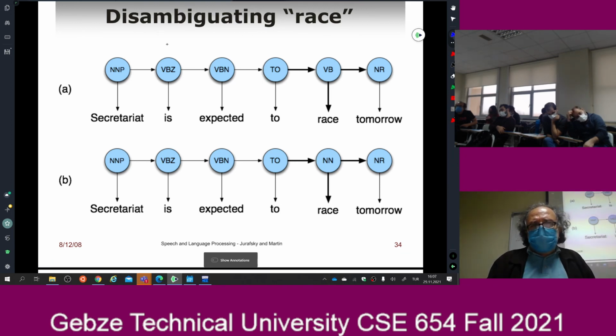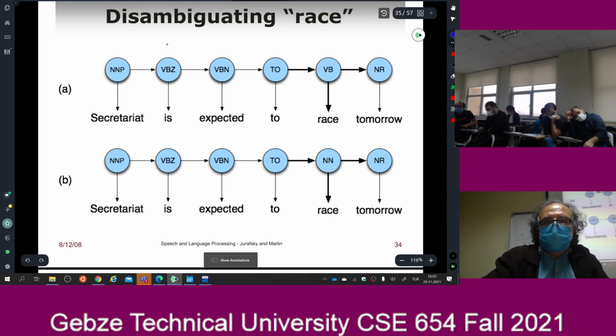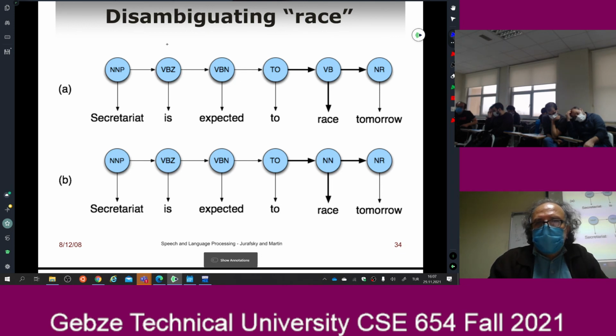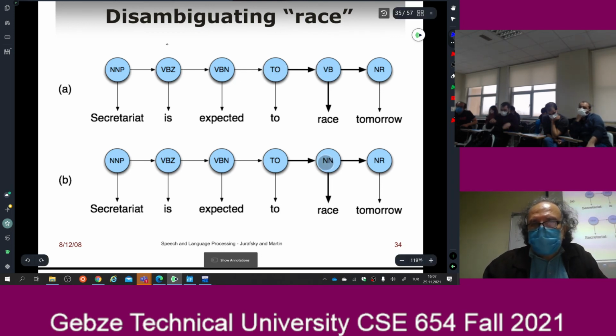Remember, I am going to calculate this transition probability and this observation probability. But the transition probabilities here and there are all the same. The only different ones are this one, this one and this one.